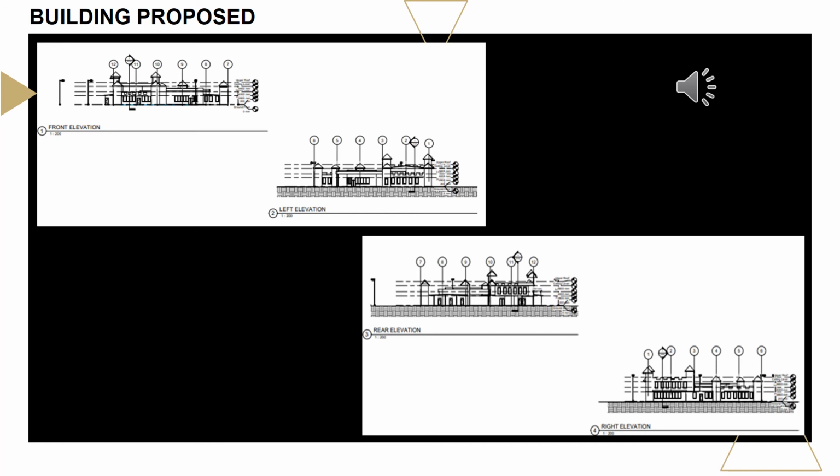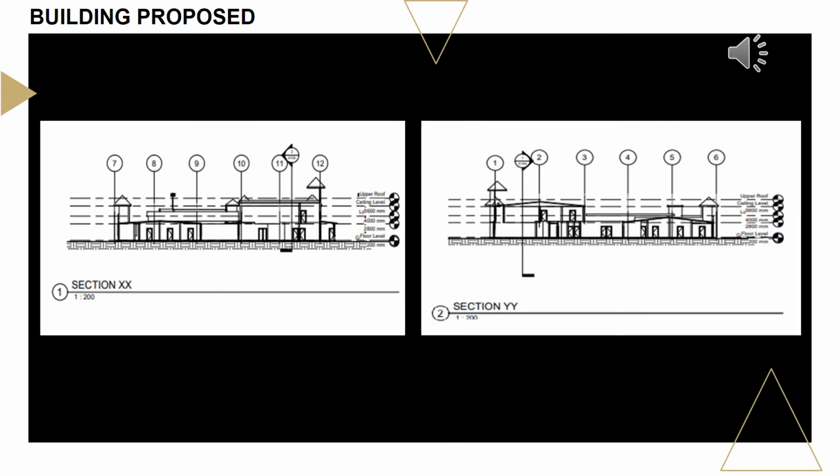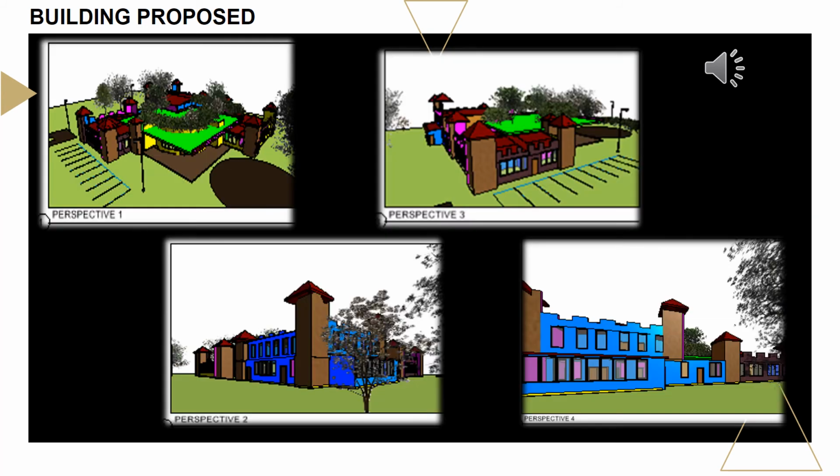Next for the building purpose are the front elevation, left elevation, rear elevation, and right elevation of this building. And this is section XX and section YY for this building. This is a perspective for this building.